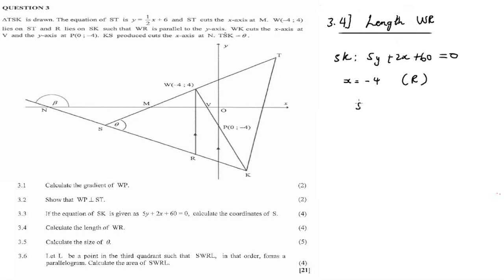How do I find it? In this equation of SK I will substitute x, so 5y plus 2 times minus 4 plus 60 is equal to 0. 5y plus 2 times minus 4 is minus 8, plus 60 is equal to 0.